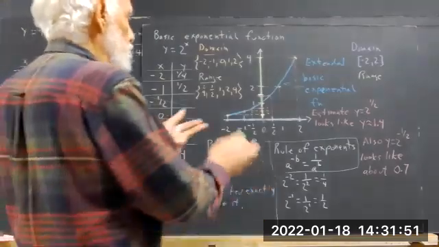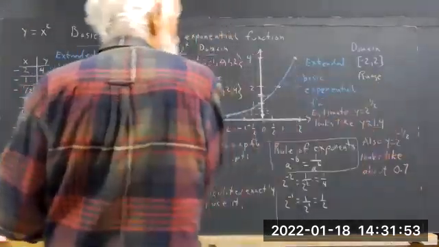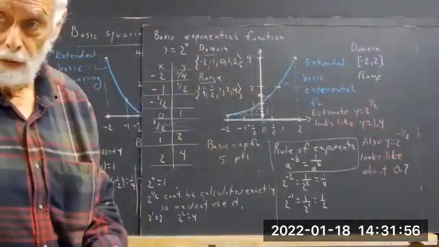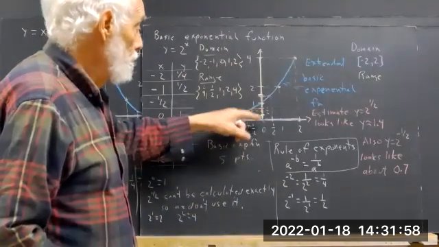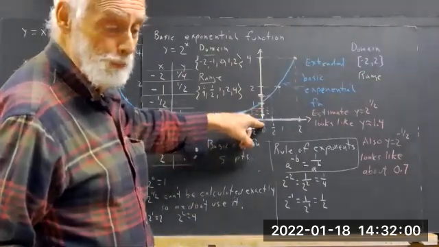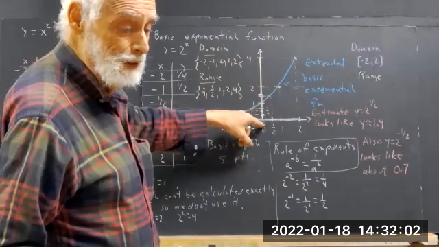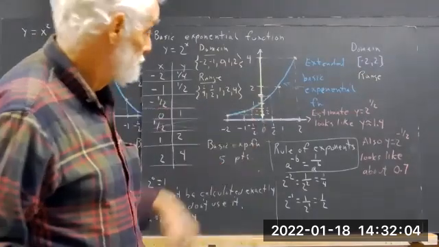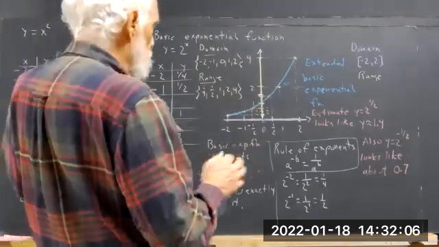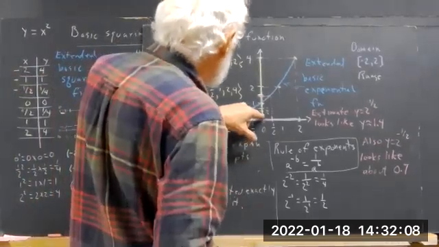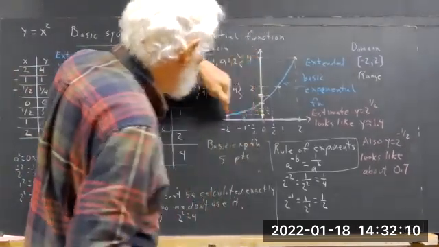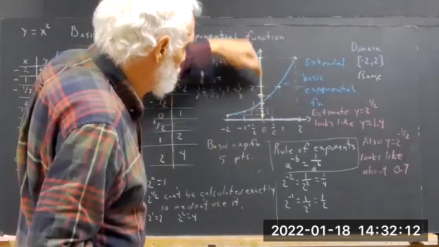Now, the exponential function keeps going that way and keeps going this way. The complete exponential function does go all the way down to 0, except it doesn't ever hit 0. We don't need to worry about that right now. So the range goes from 1/4 up to 4.